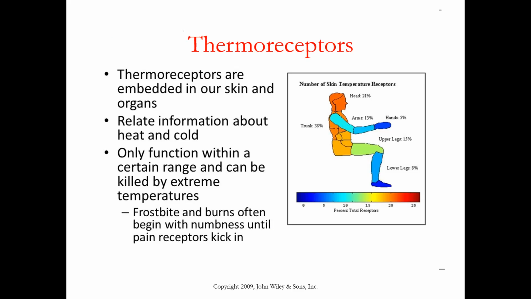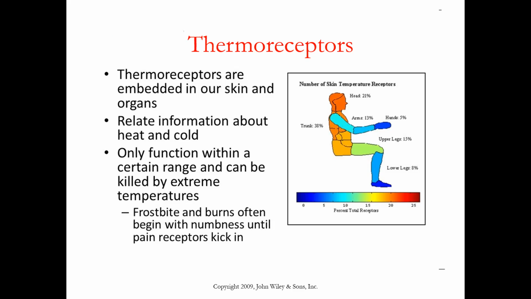Often, extreme temperatures destroy the nerve endings. The temperature receptors, they destroy the nerve endings, and we no longer sense the temperature. And if the temperature receptors are destroyed, usually the next thing that we still pick up is pain.